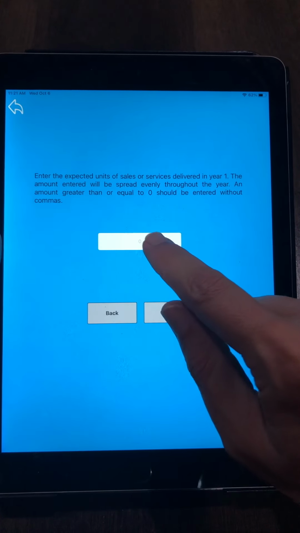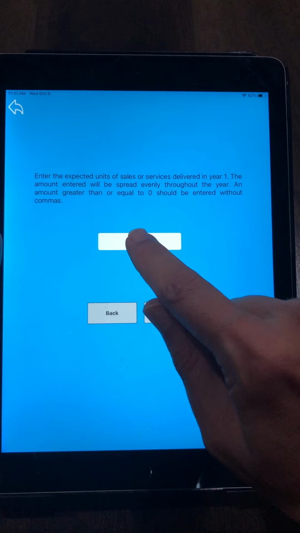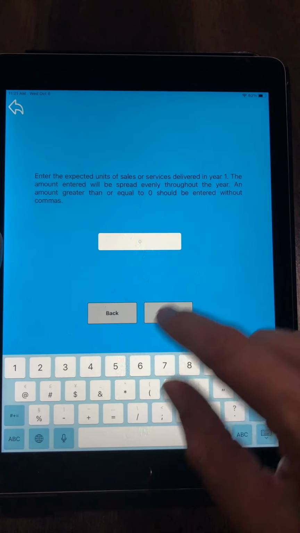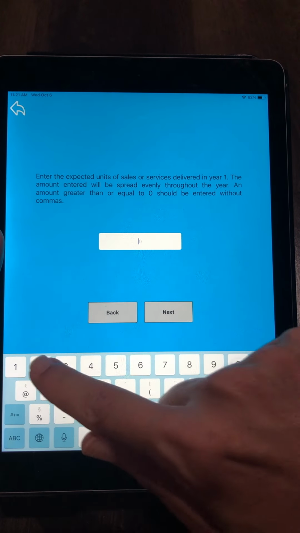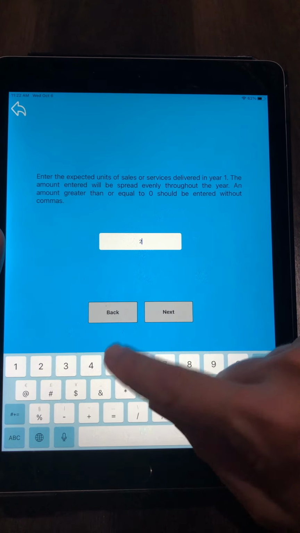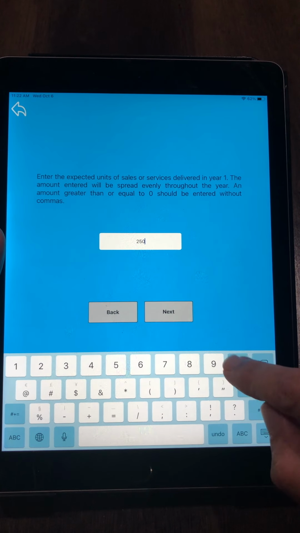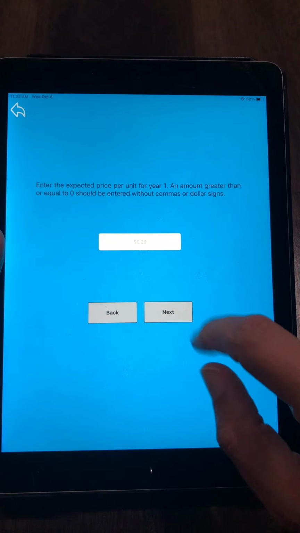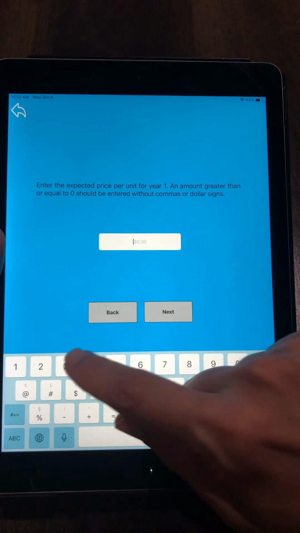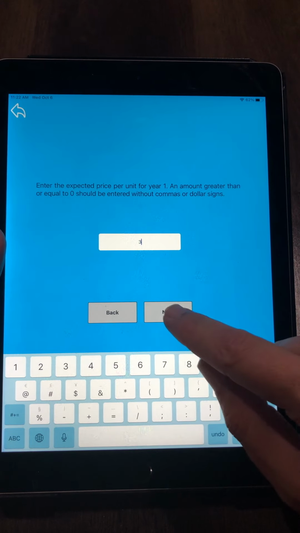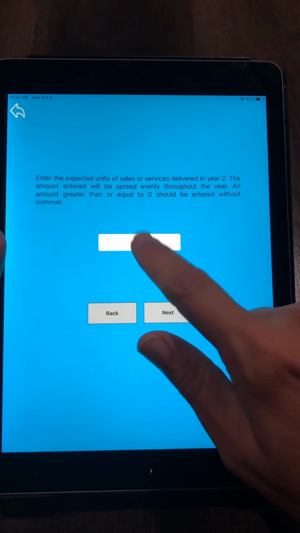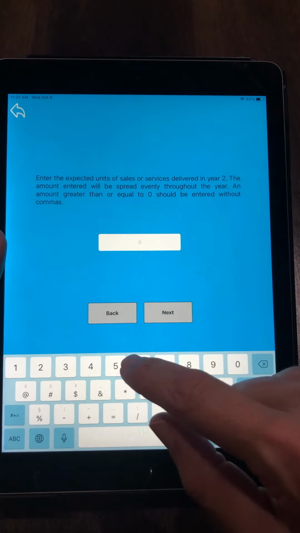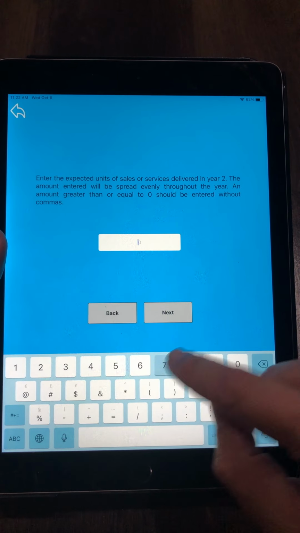Now I hit next. Now it's going to ask me for my number of units sold in the first year, and I had said 250,000 units. I'm going to hit next, and it's going to ask price per unit. I'm going to put $3. Now, the next year I expected to sell 700,000 units.